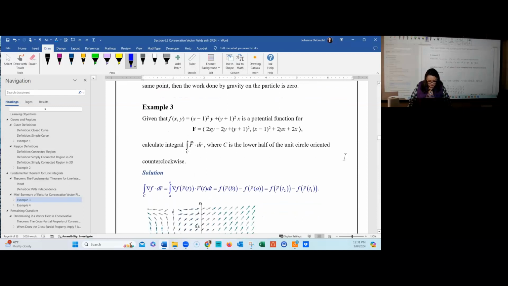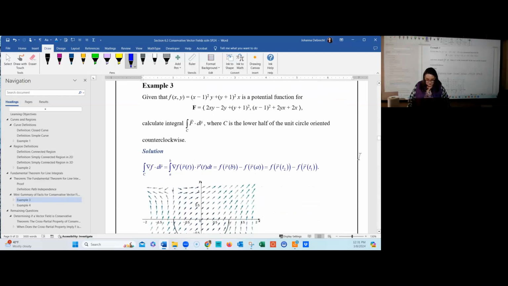Let's now take a look at example 3. In example 3, we're given that the function f of x and y equal to (x minus 1) squared y plus (y plus 1) squared times x is a potential function for a vector field.